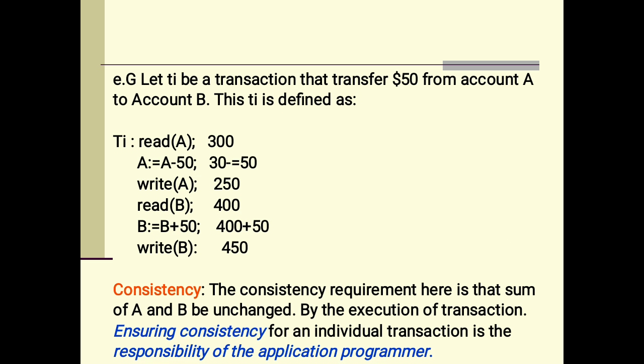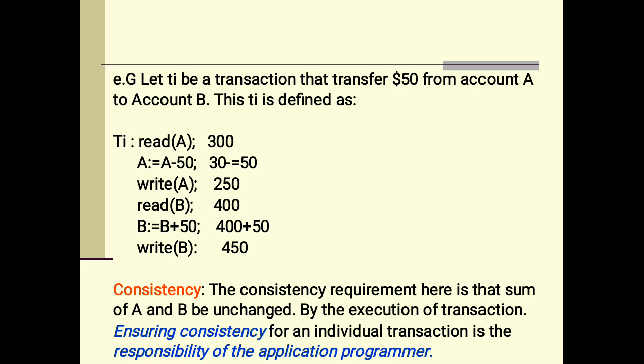Now we will see some properties of transaction by looking at one example. Let Ti be a transaction that transfers $50 from account A to account B. This transaction Ti is defined as read A. Here account A's value is read.